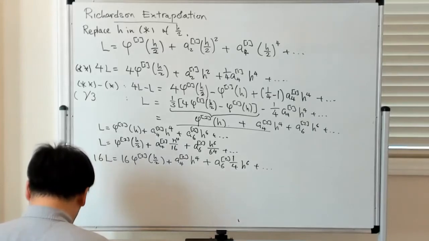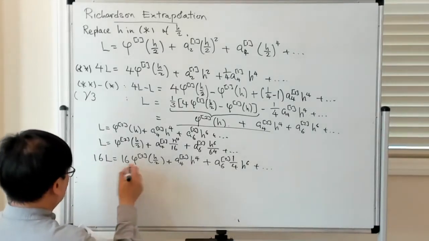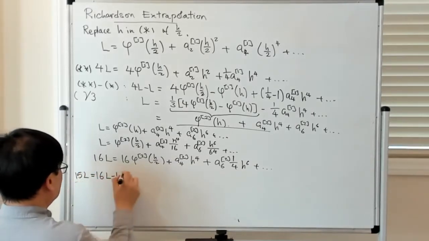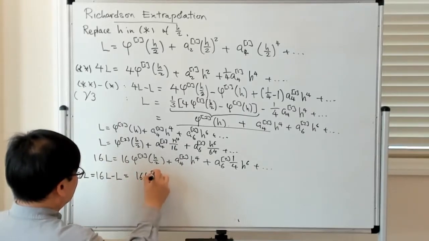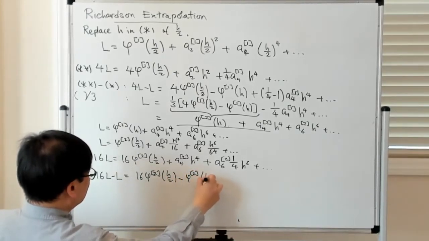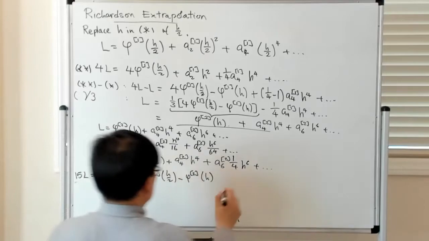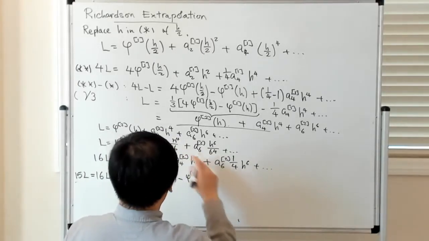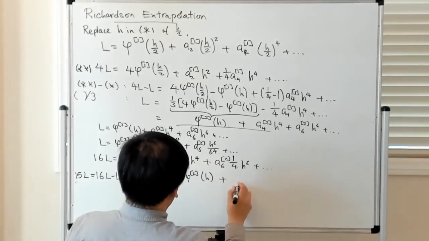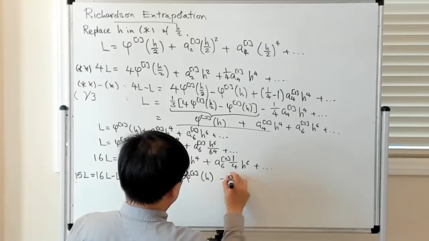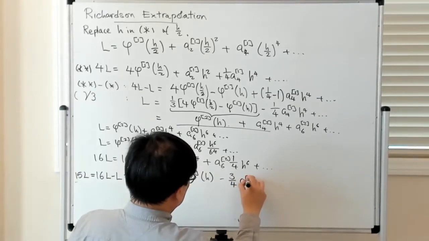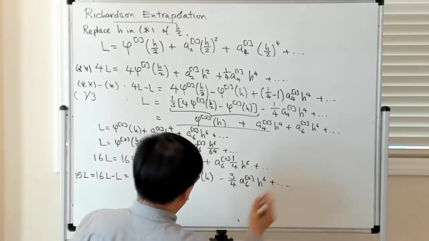Okay, so I can do the same trick again. 16L minus L is 15L, obviously, and this is equal to 16 phi 2 h over 2 minus phi 2h, right? That term now cancels out the other error term, and then plus you're going to have, let's see, it's going to be minus 3/4 again, a6 2 h to the 6 plus higher order terms.